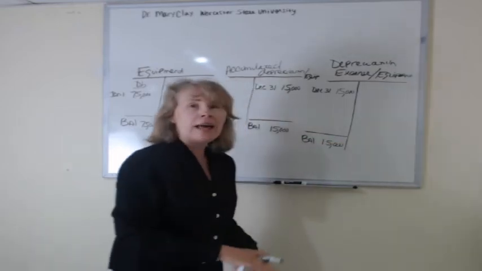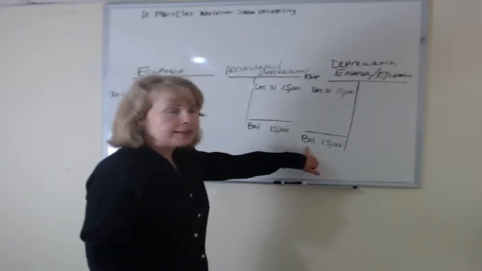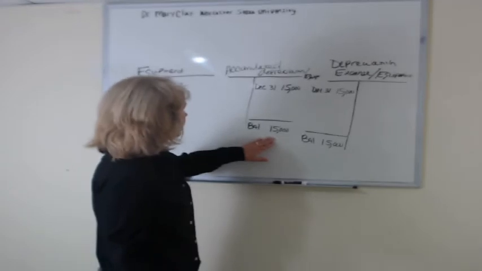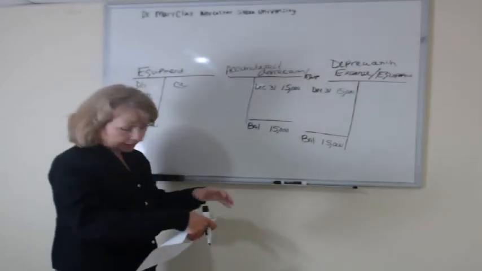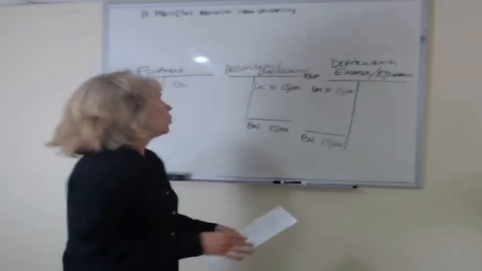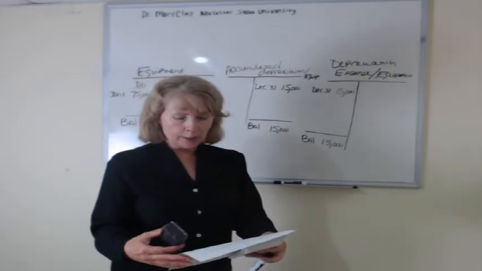So my final balances after I post, depreciation expense has 15,000, accumulated depreciation has 15,000, and my equipment has 75,000.